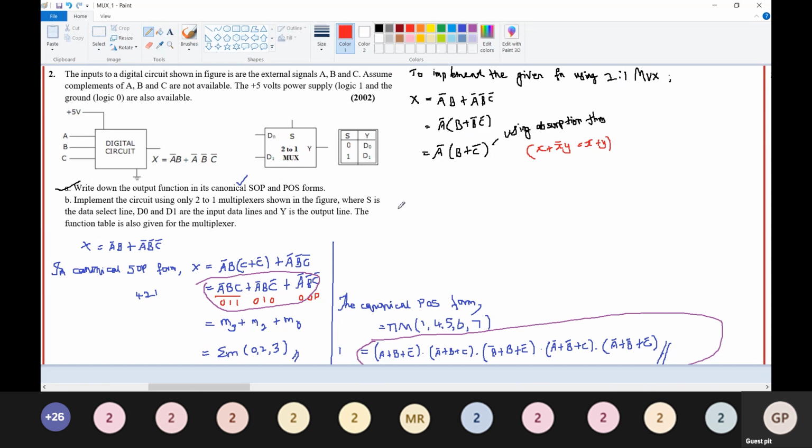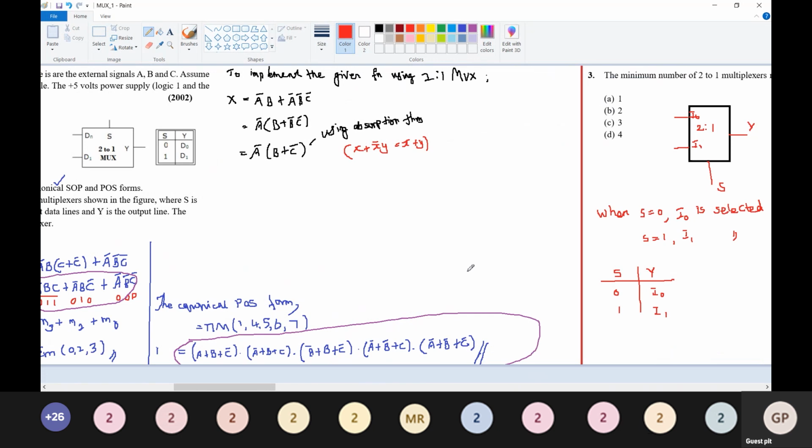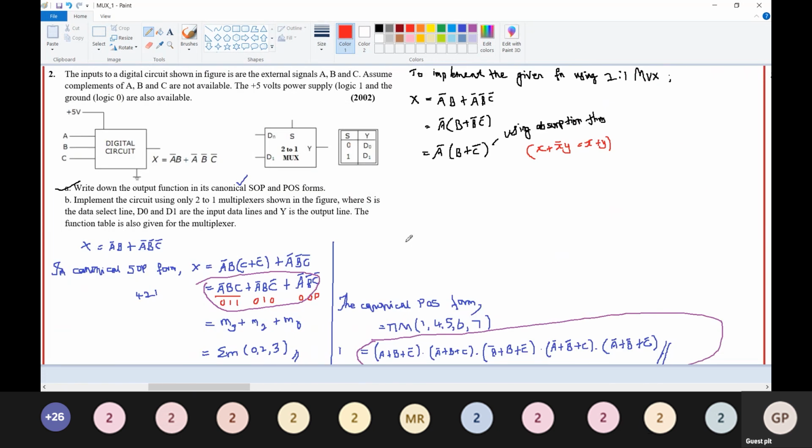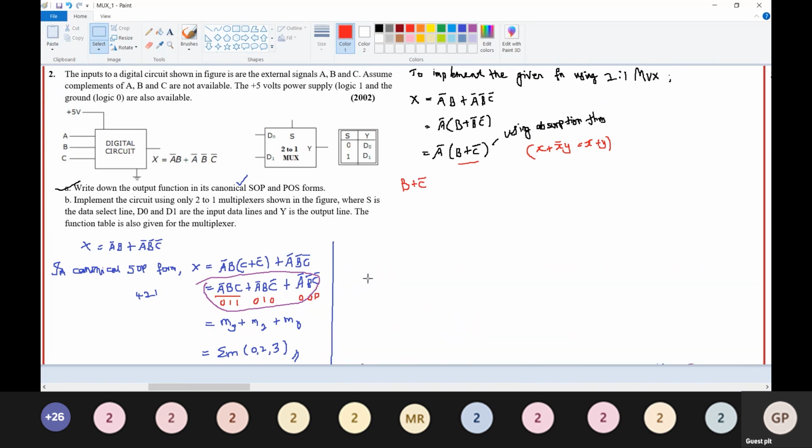So now we'll take this first B plus C dash and implement it here.